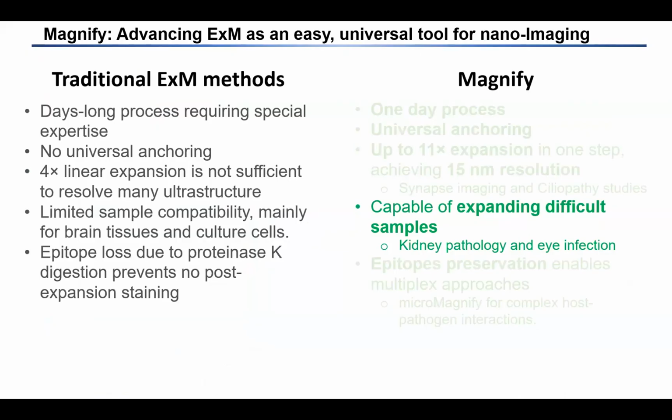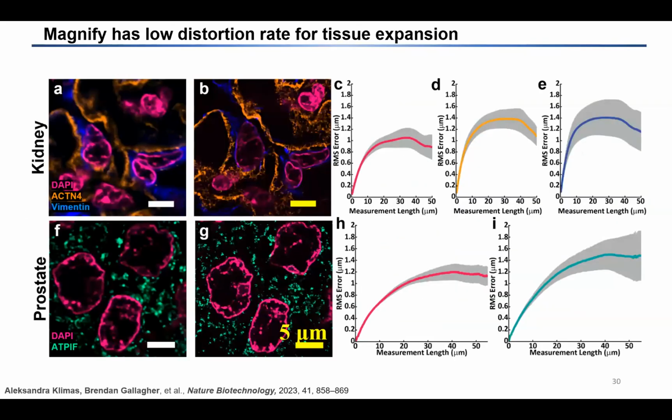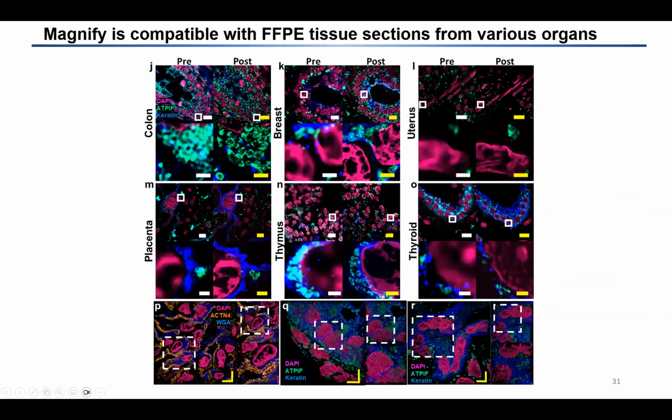And Magnify expansion, unlike other expansion methods, can actually expand a wide range of samples, including some tough samples, for example, kidney as well as cornea. I'm just showing you some examples, like kidney and prostate, before and after expansion, and the distortion is very small computationally. We can expand all kinds of different tissue from different organs.